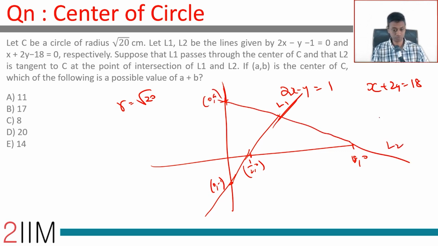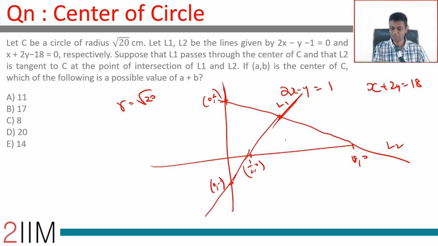This is L2. Suppose that L1 passes through the center C and that L2 is tangent to C at the point of intersection of L1 and L2.